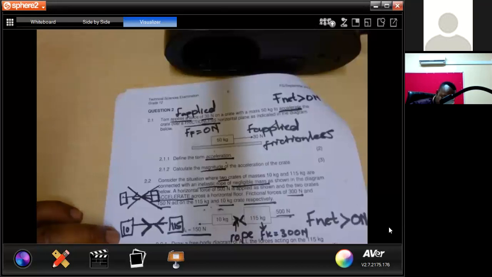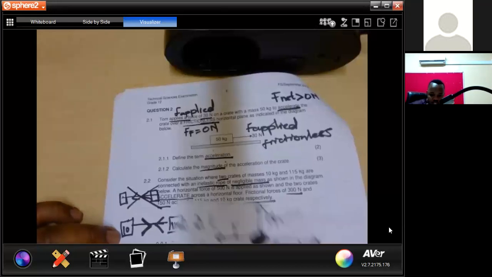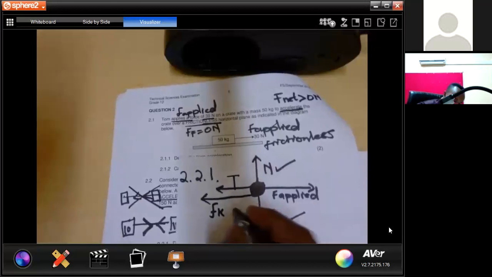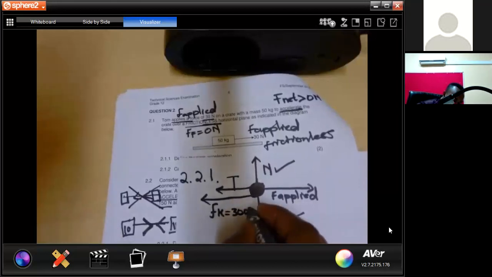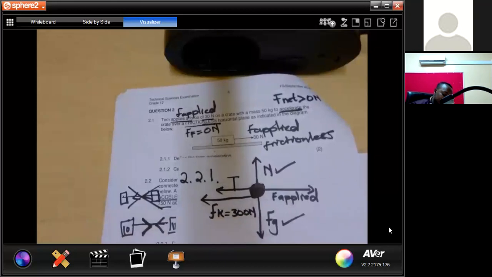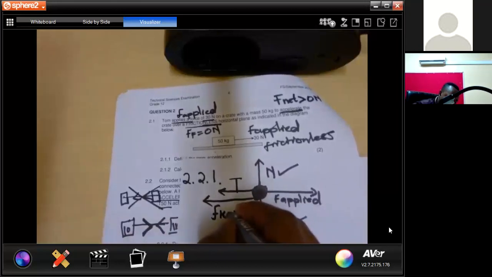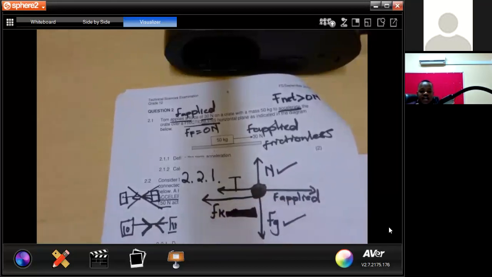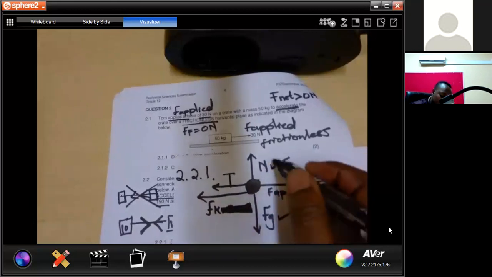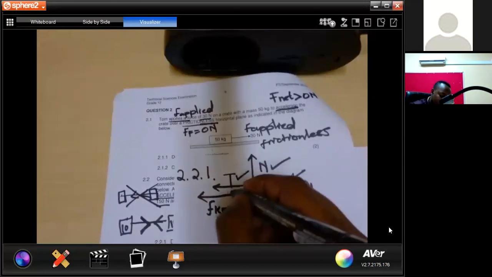And because the object is moving, we talk about kinetic friction. That will give us 300 newtons. So that is Fk. When you label it, you actually don't have to include the magnitude. You must just give us the correct label of the force. So that will be Fk. So that will be 1, 2, 3, 4, 5 marks.